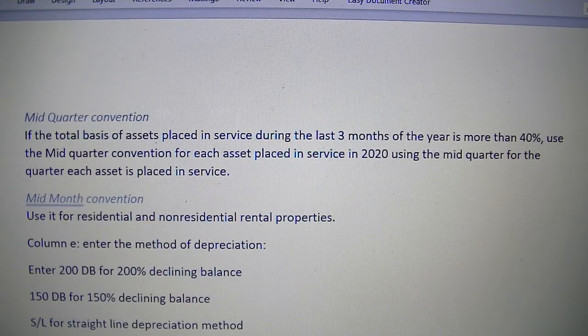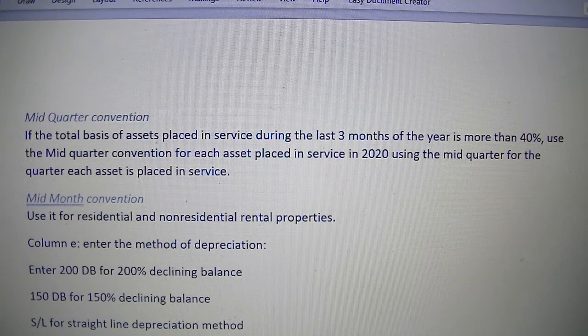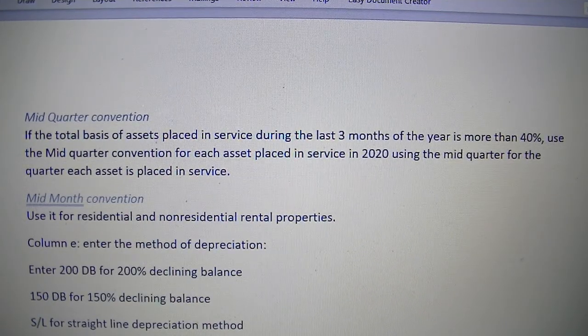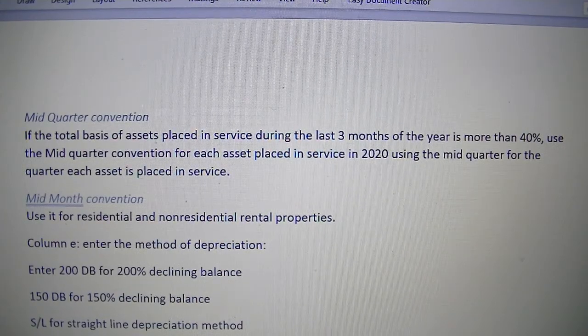At the end of the year, when you are working on your business tax, you'll look at the date you placed the asset in service and determine the quarters for those assets. So we can use an example here.